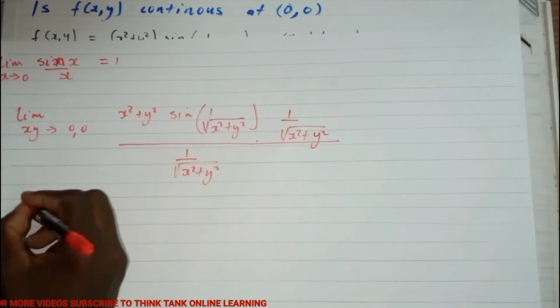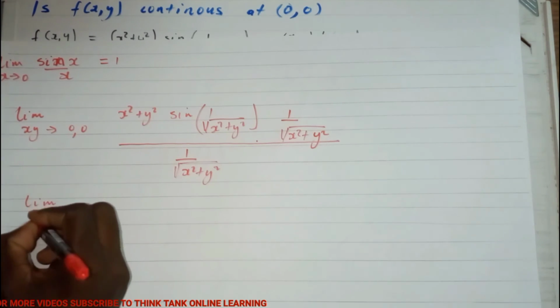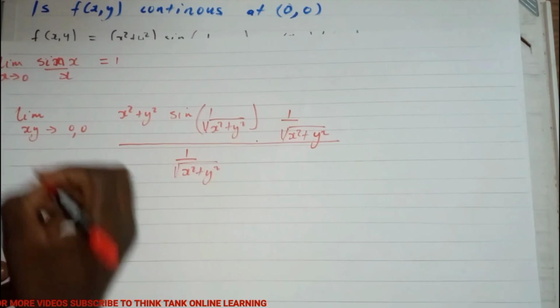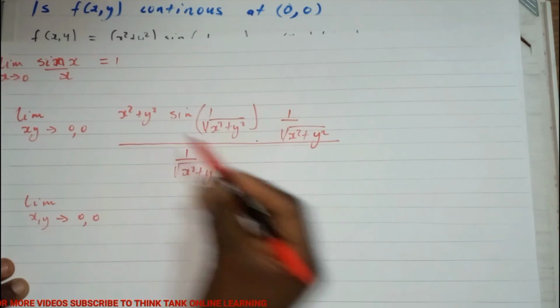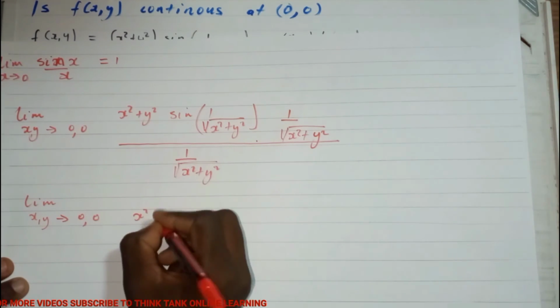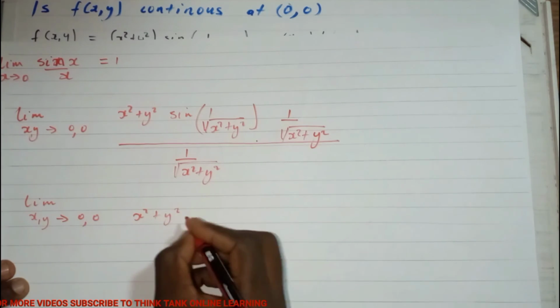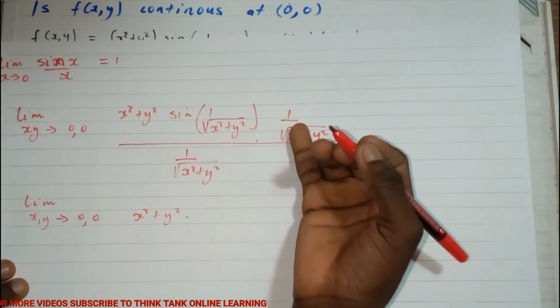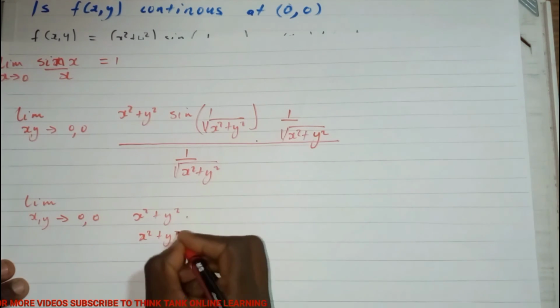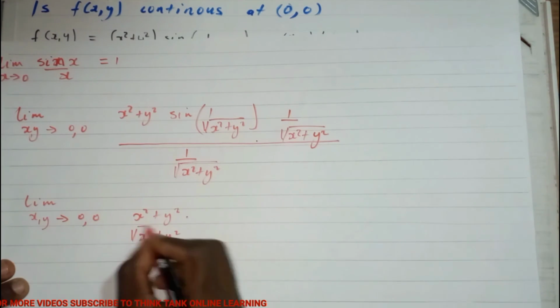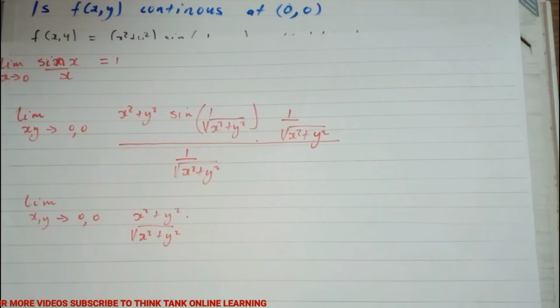I'm going to say the limit as (x,y) approaches (0,0) of (x² + y²) times this one, so this is going to be (x² + y²) to the power of, times what?